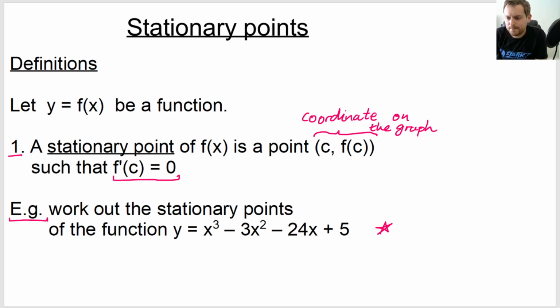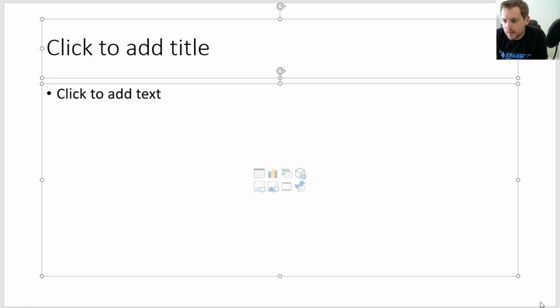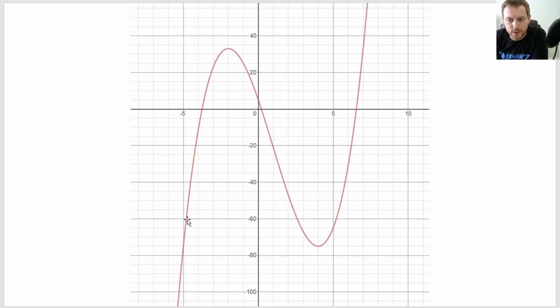So this is what the graph looks like, okay? So this is y equals x cubed minus 3x squared, take away 24x plus 5, right?